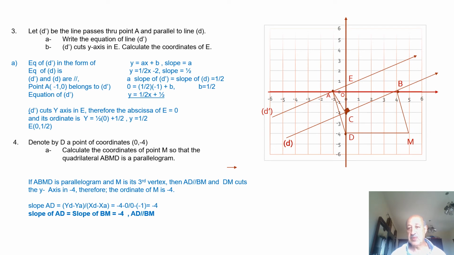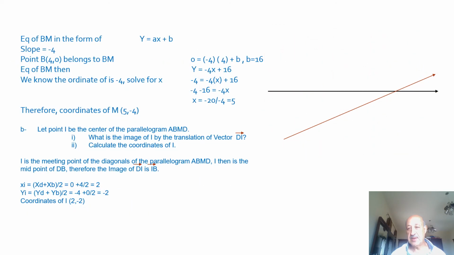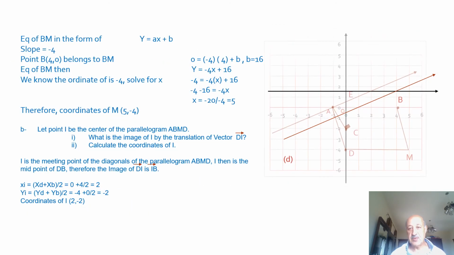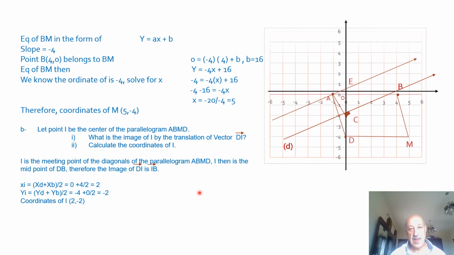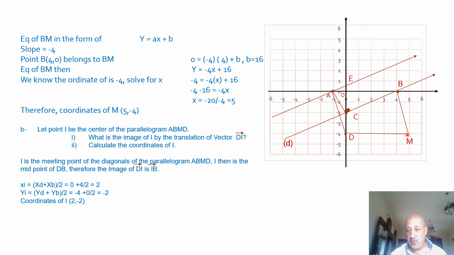Okay, let's continue to the other section. The equation of BM is in the form y equal ax plus b. I know the slope of BM, and I know another point that belongs to BM, which is B. So these should satisfy the equation.